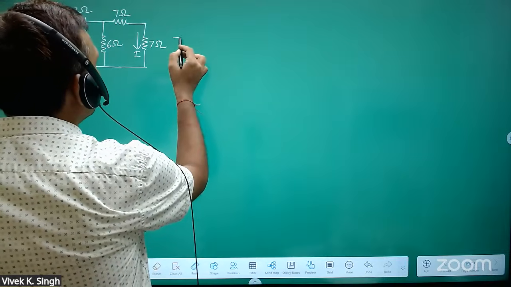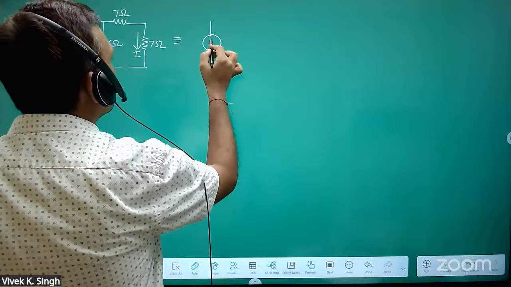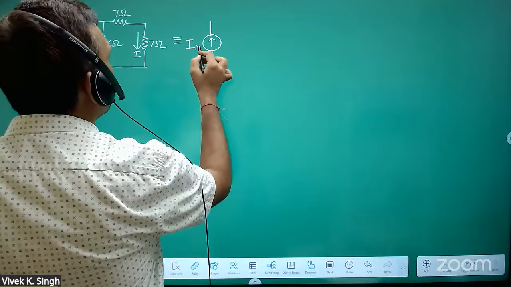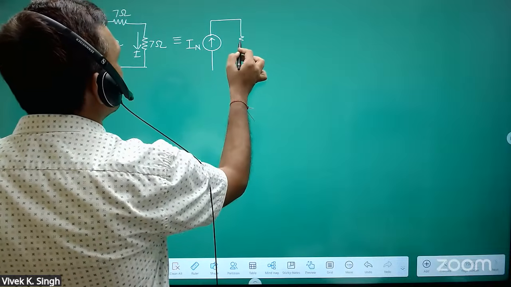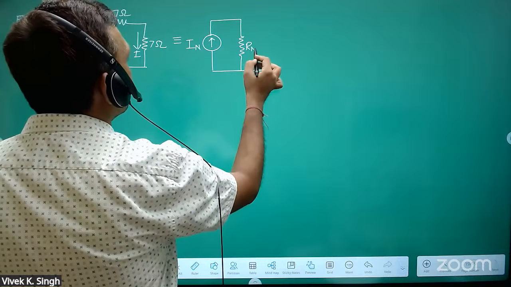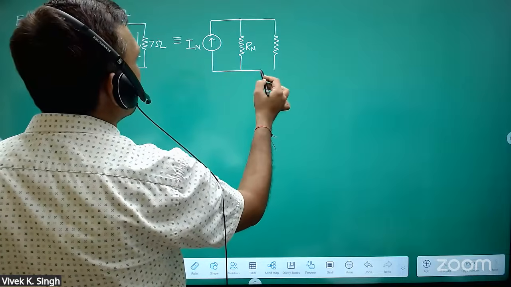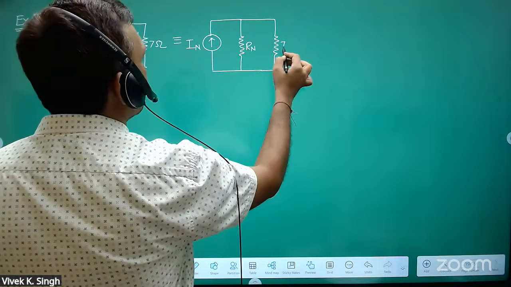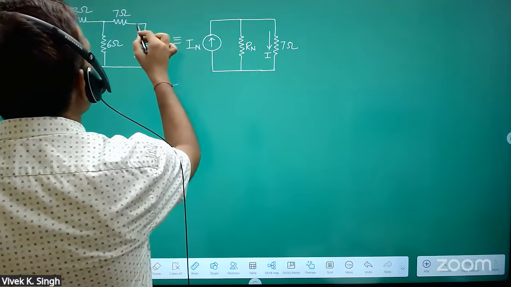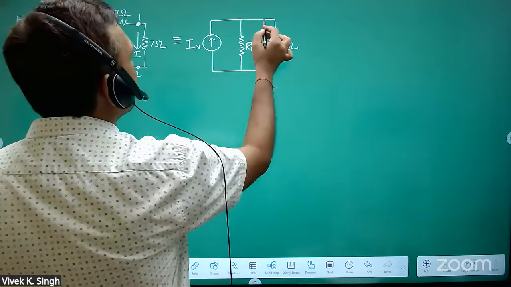So equivalent, you know, this is Norton's current. This is Rn. Seven ohm. This is I. 1 and 2.